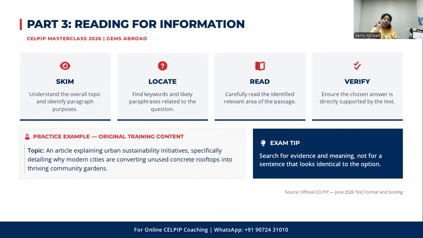You need to locate the relevant information and just verify it. Remember one thing: search for evidence and meaning, not a sentence that looks exactly like the answer. That is a golden tip. Search for evidence and meaning, not for a sentence that looks identical to the option. A very important tip. Please note it down.